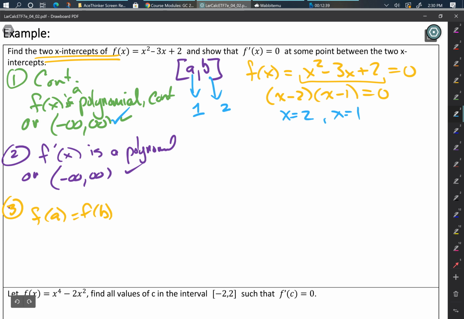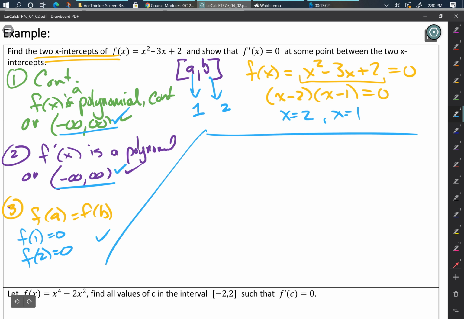Definitely continuous there because it's continuous on all real numbers. Definitely differentiable there because it's differentiable for all real numbers. And f of a is equal to f of b because f of 1 is equal to 0 and f of 2 is equal to 0. So all three necessary requirements are met.